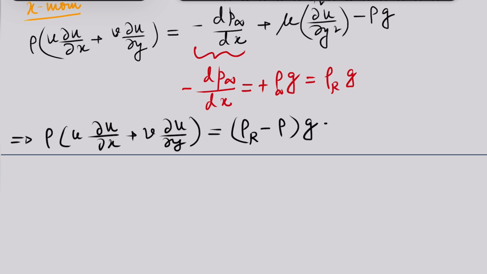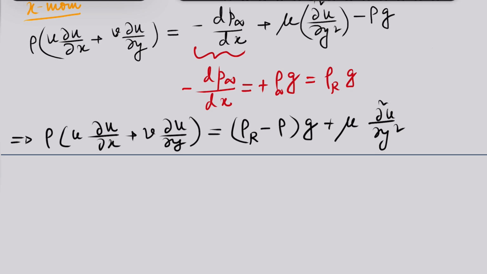Okay, plus this thing. So this I can write. Now I can ask you a question: we have two types of rho here, rho and rho r.